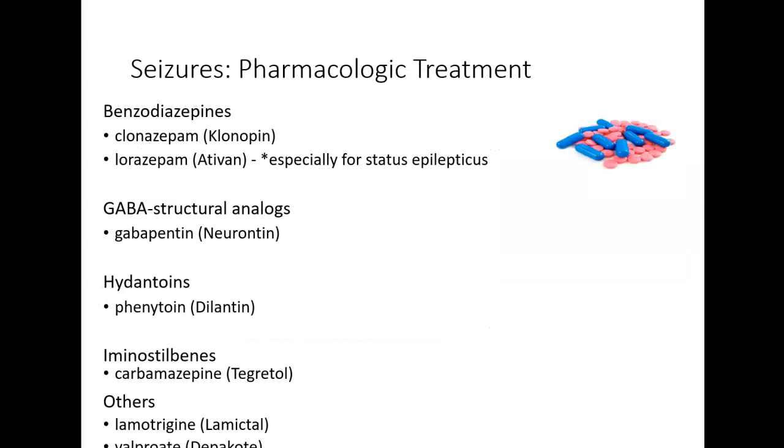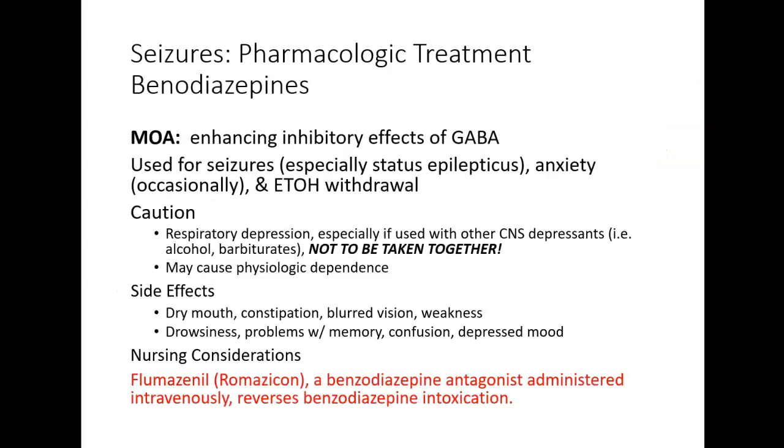There are a couple of different classes of meds here that we're going to look at for pharmacologic treatment. Benzodiazepines. These are probably the drugs that you need to know. They're probably the most important that you need to know for seizures, because they're given to stop a seizure, especially status epilepticus.